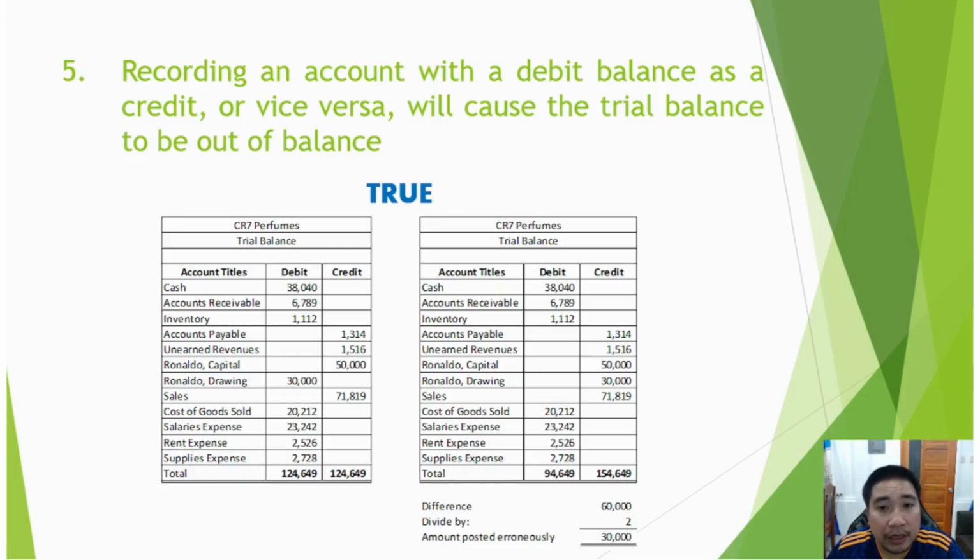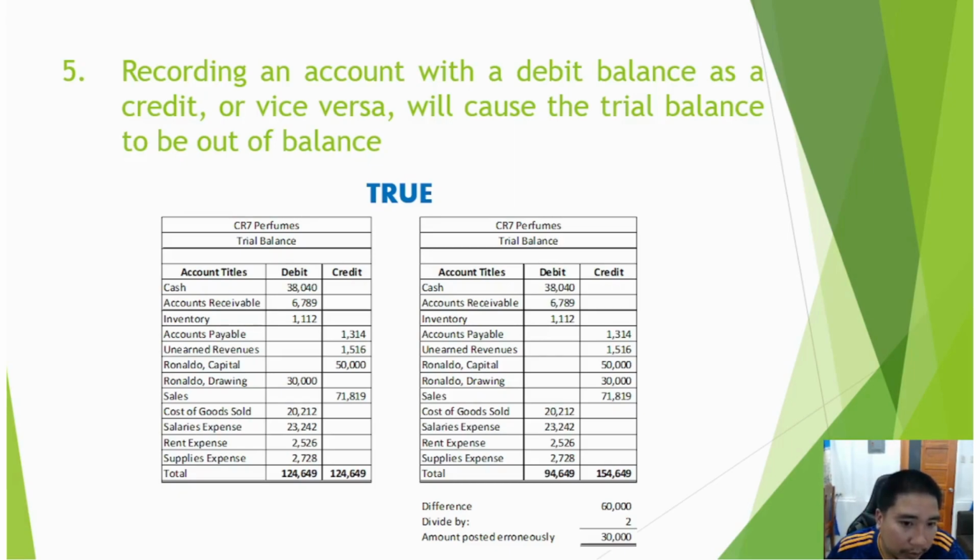If any of your accounts is recorded on the wrong column, meaning it should have been recorded on the debit side but you recorded it on the credit side, then that would cause your trial balance to be out of balance.